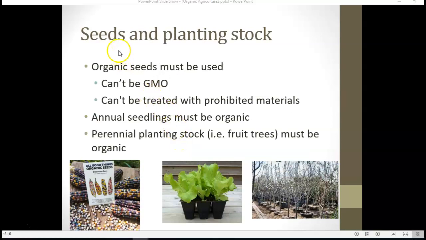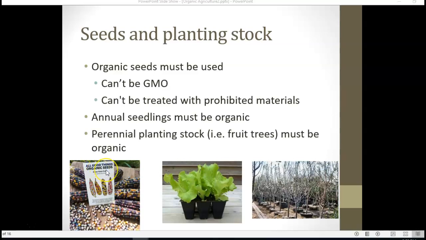Another important standard to keep in mind is that seeds must be organic and planting stock must be organic also. So if you've been planting in the SD garden, you have to question, were the seeds that you used organic? And if you don't know, then you can't call the crop organic, because you have to be sure.